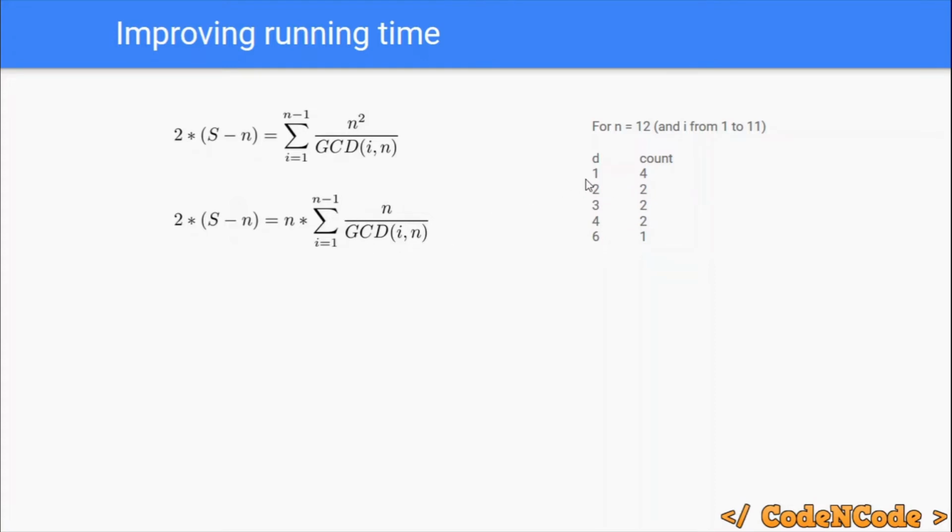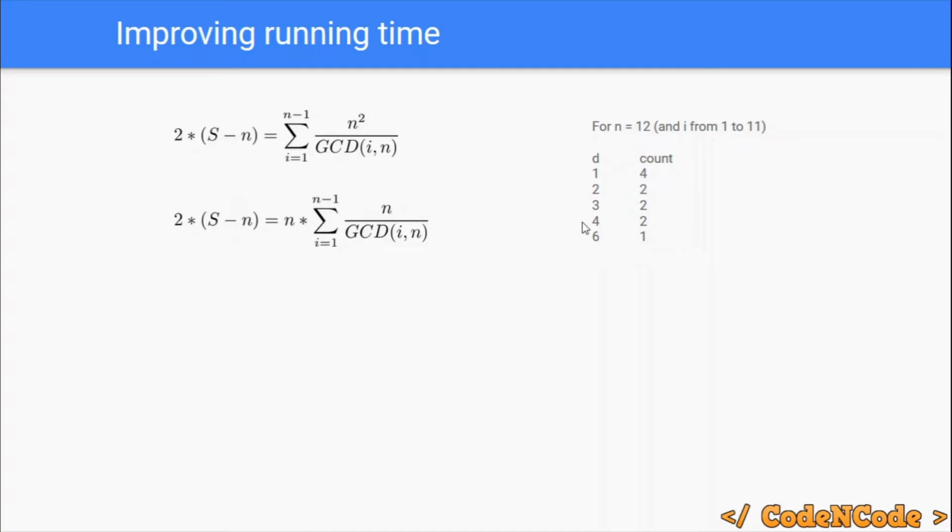For d equals 1, for example, the GCD is always going to be a divisor of n, right? So these are the divisors of n. Assume n is 12, so I'm going till n minus 1, that is 11. 12 is not included because 12 is one of the divisors of 12, of course, but 12 equals n, and we are only going till n minus 1.